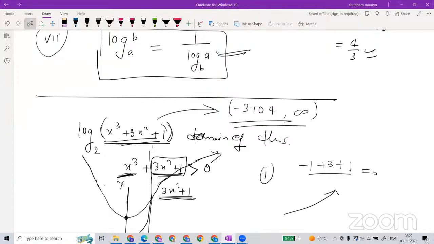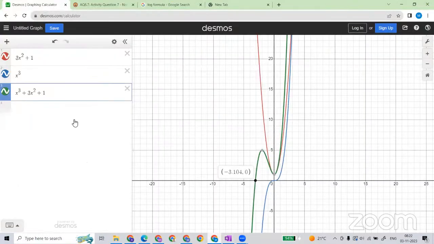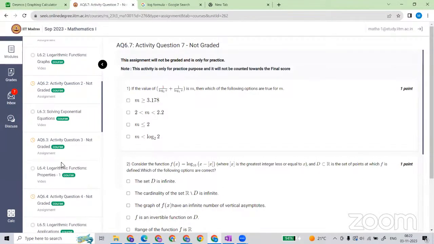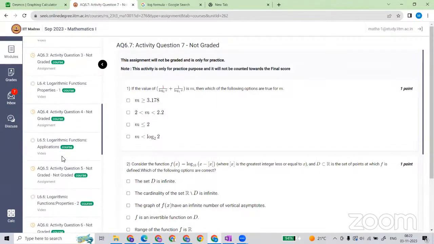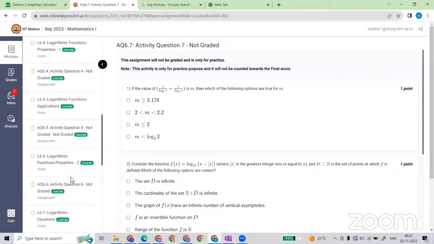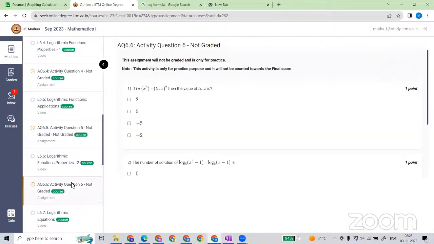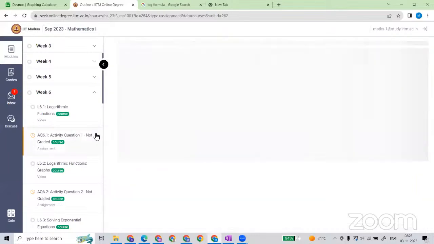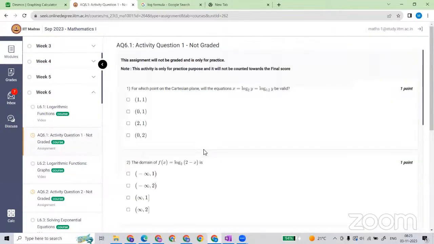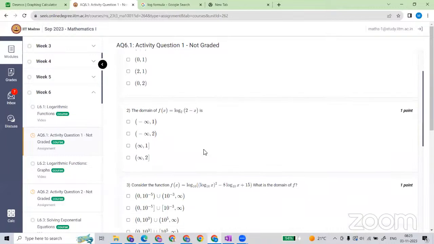Activity, week 6 activity, first activity. Sir, actually, the symmetry problem. Yes. Which problem in 6.1? 6.1, okay. Question number? Third question, sir.